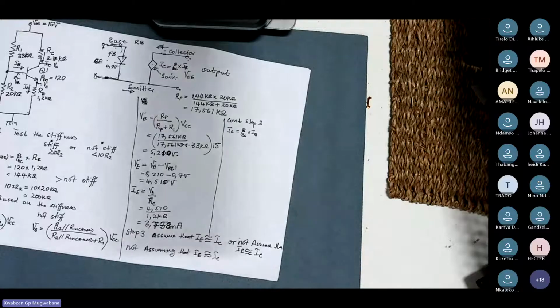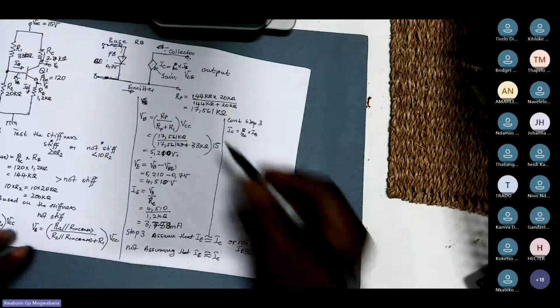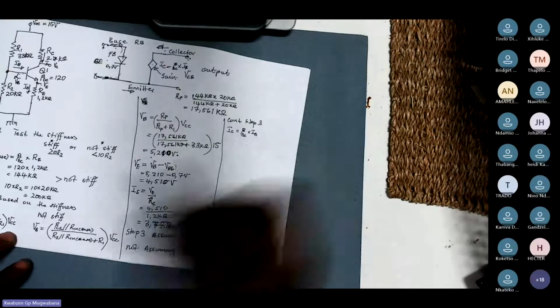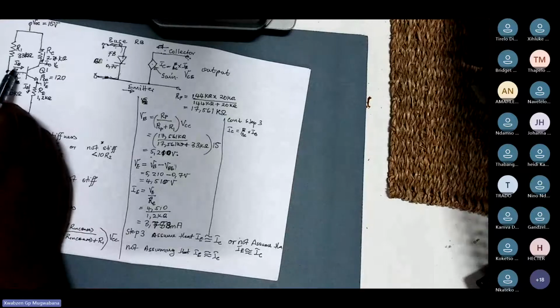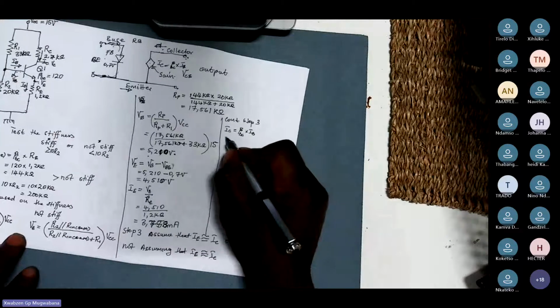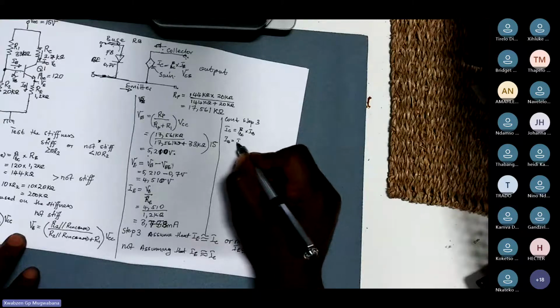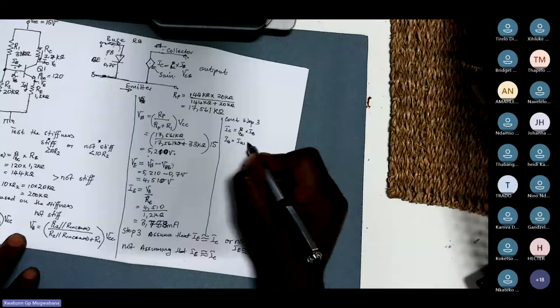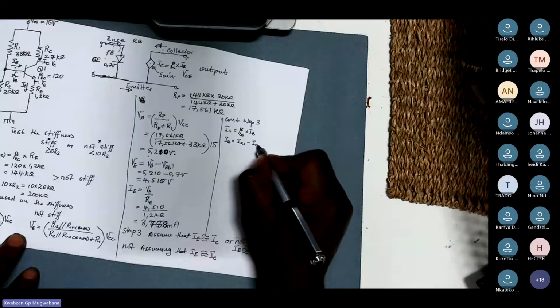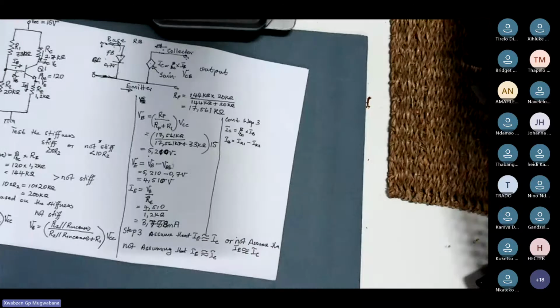Now, IB, I must go and determine what IB is. It will be given by IR1 minus IR2.